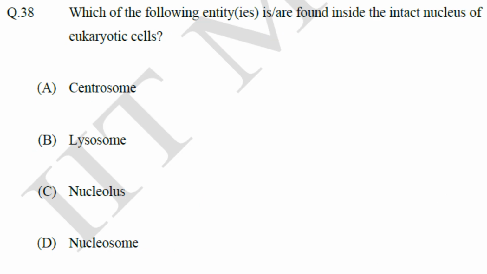Then which of the following entities is or are found inside the intact nucleus of a eukaryotic cell? Centrosome is not found inside the nucleus. Lysosomes are found outside the nucleus. Nucleolus is found in the intact nucleus. Nucleosome, the DNA wrapped around the histone core, is also found inside the nucleus. So C and D is the answer.